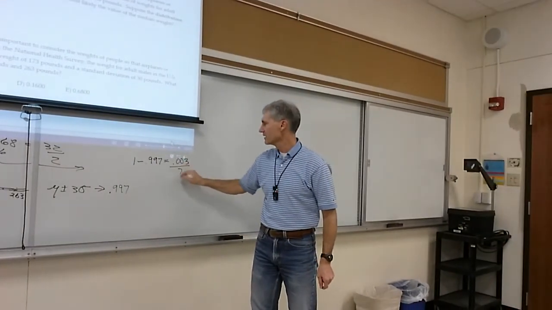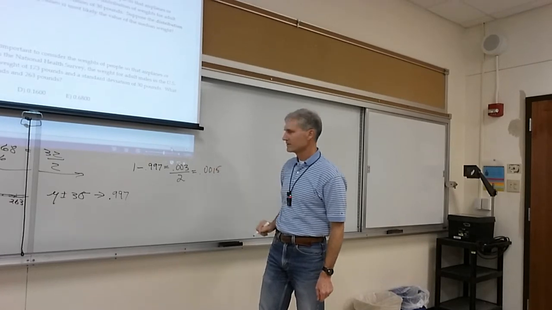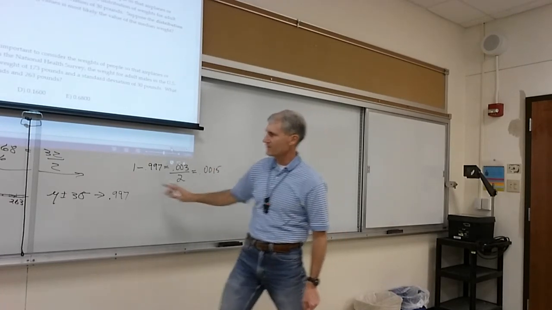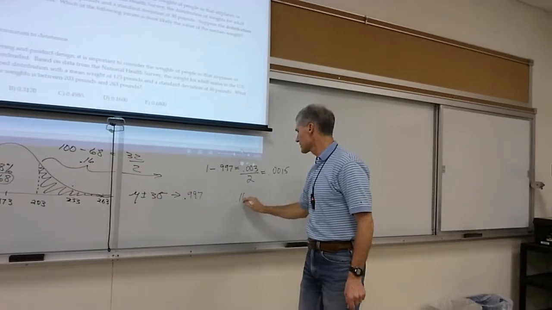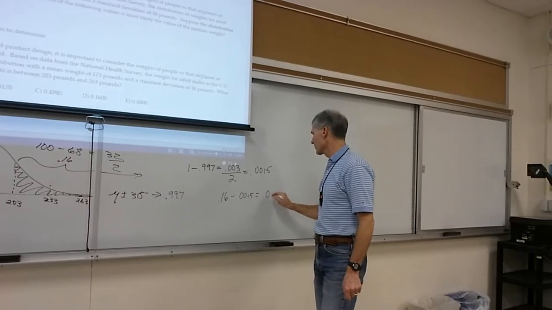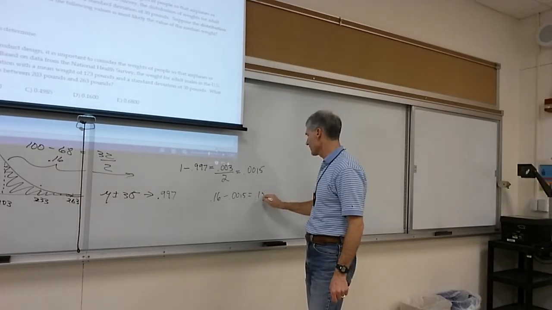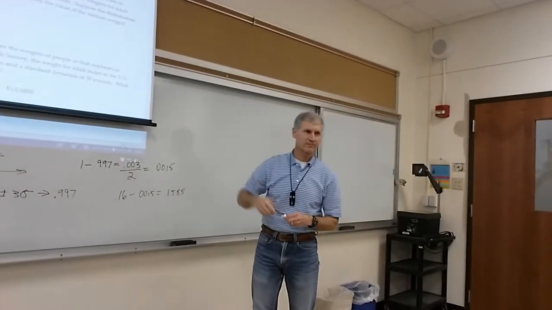Half of that is 0.0015. Now we subtract that off of the 16. So 0.16 minus 0.0015 is 0.1585. So option A.